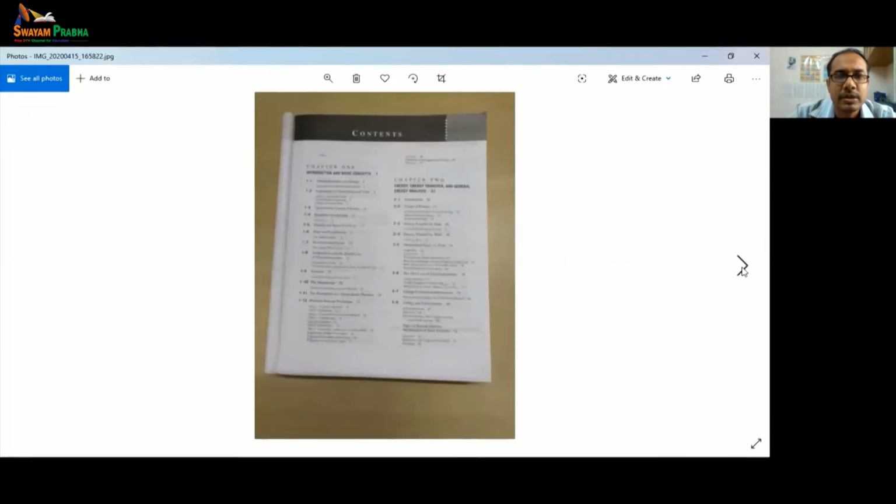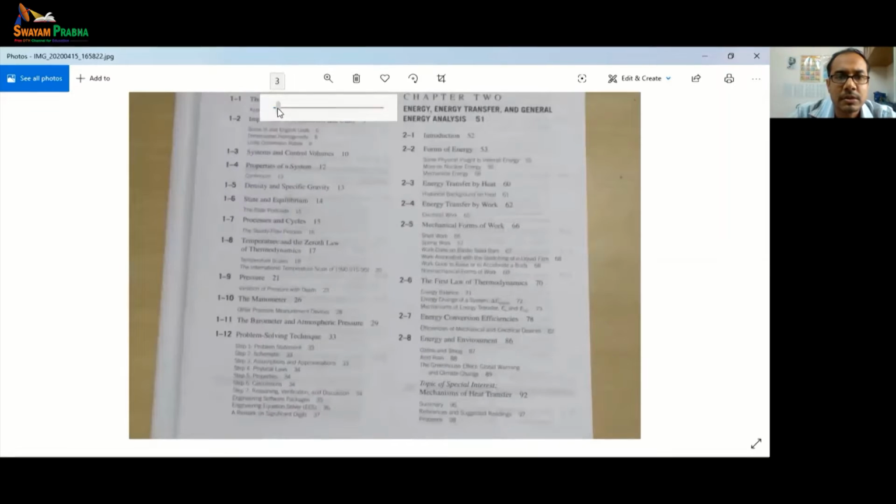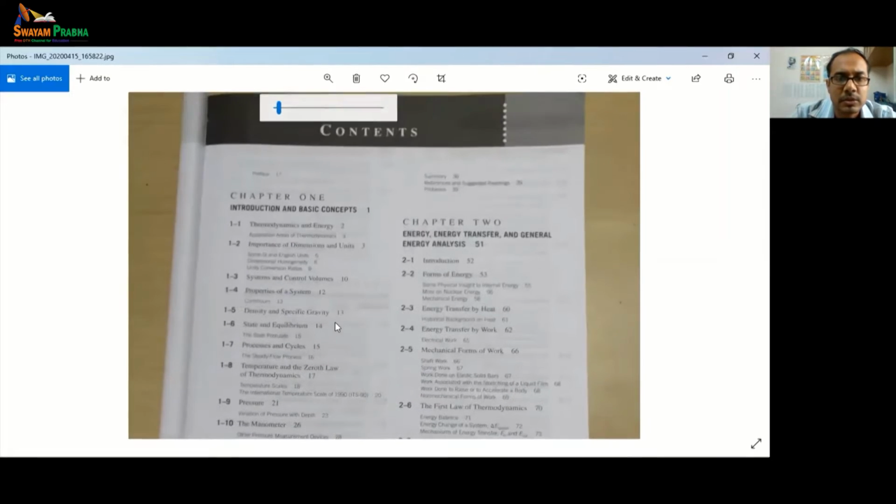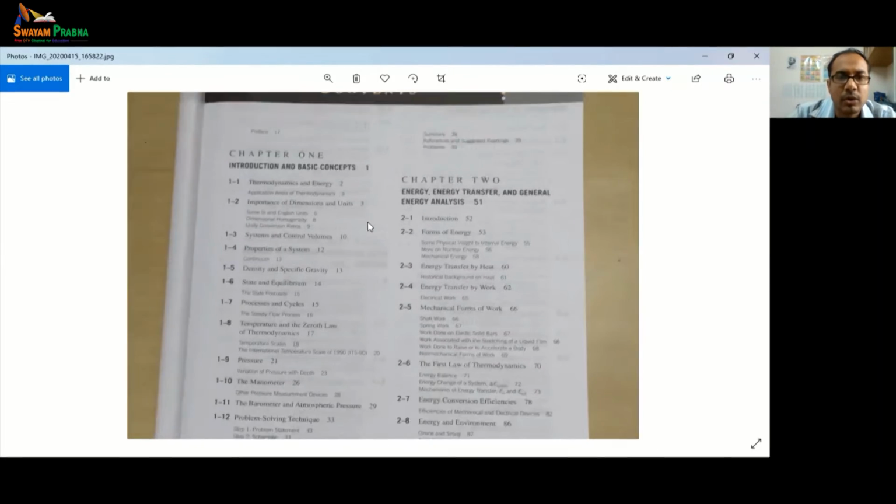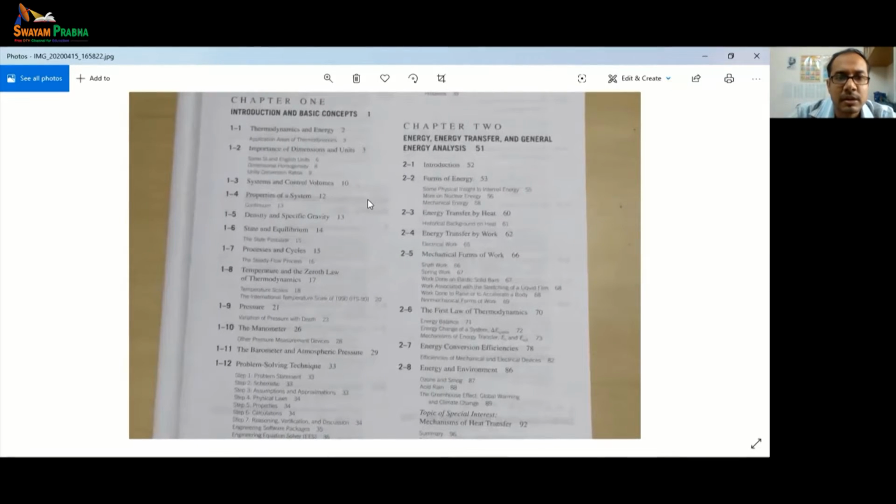So the first chapter of the book, let me zoom this out a little bit, is on introduction and basic concepts. Here we are talking about energy, a few definitions, dimensions, and what it means when we say control volume or a system.